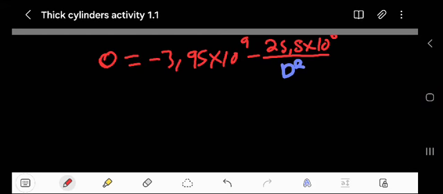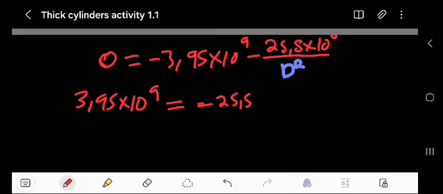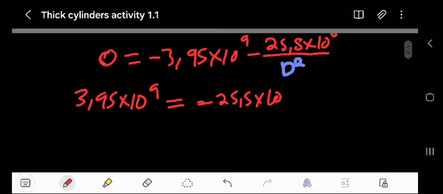So 3.95 times 10 to the power of 9 equals minus 25.5 times 10 to the power of 6 over d squared.